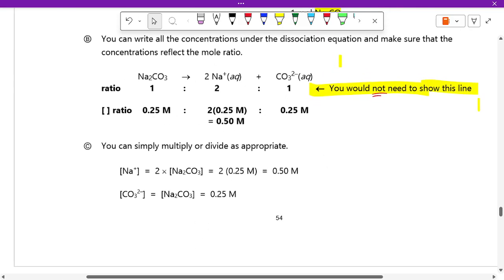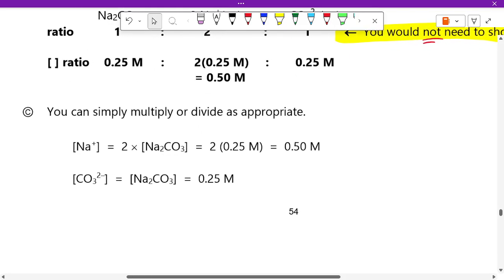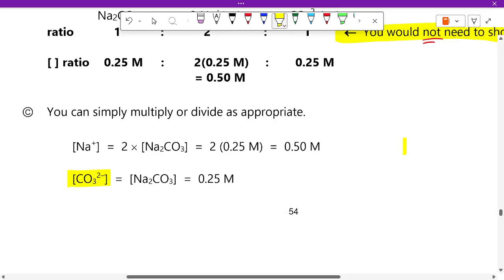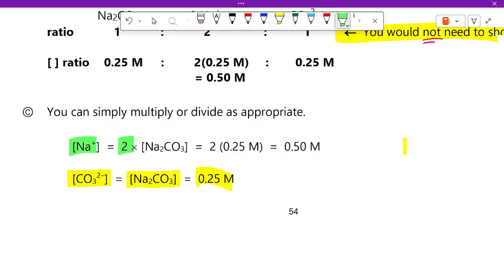Or you can simply multiply or divide as appropriate. You can say Na2CO3 is 0.25, and you can say, I know that sodium is twice the Na2CO3 concentration, and so it is 0.5. Any of those are acceptable. Yes?